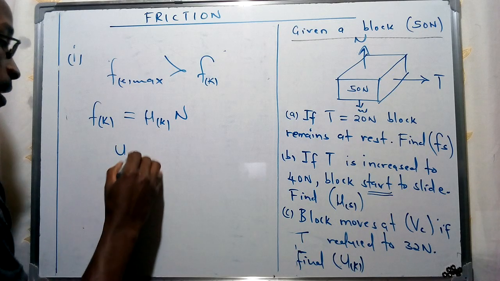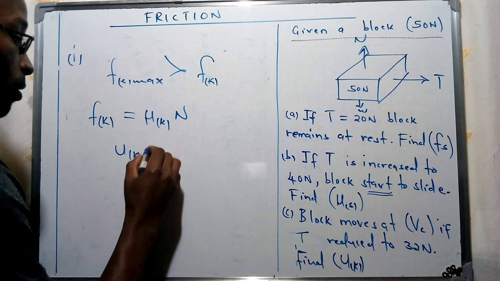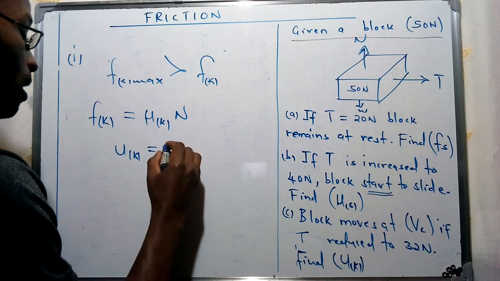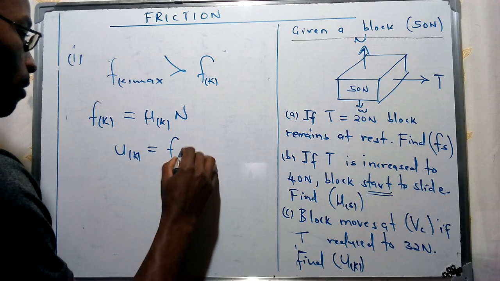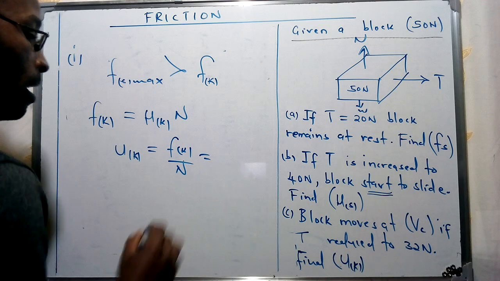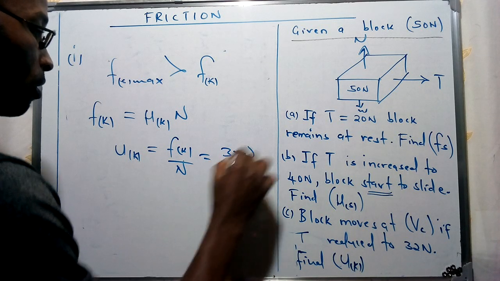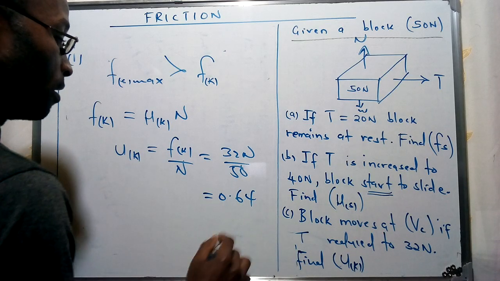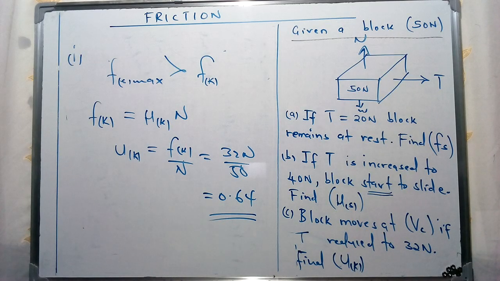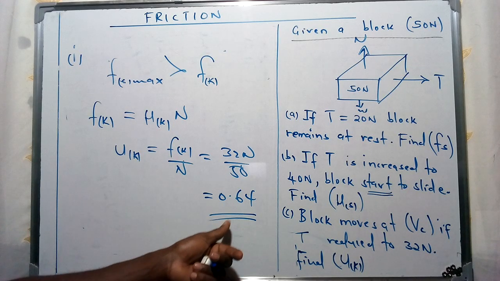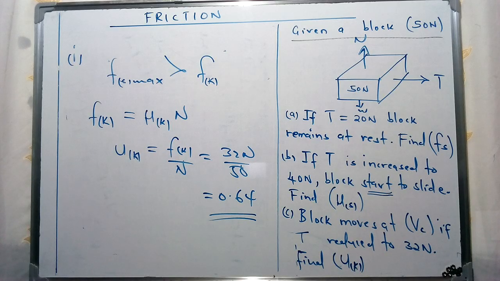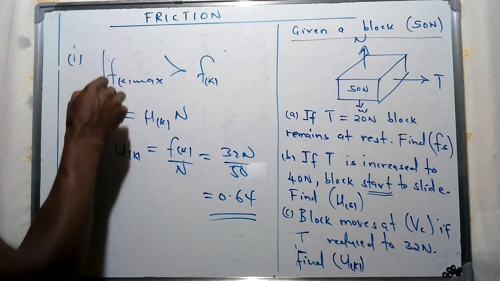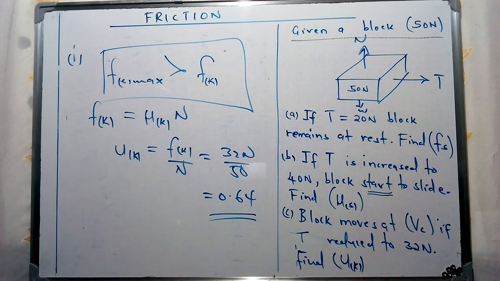So the coefficient of kinetic friction is Fk divided by N, which is 32 newtons over the normal, 50. And this gives us 0.64. So in comparison with the previous one, we can see there's a slight variation in the coefficient of friction, and this is going to be the case especially for the condition we have just described above.